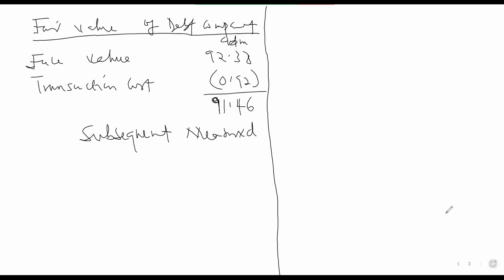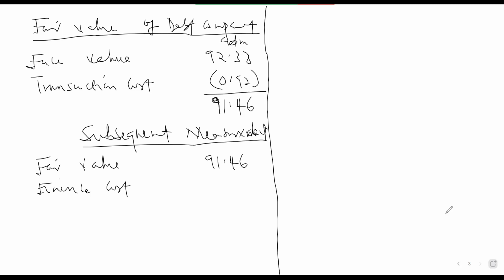For subsequent measurement, the debt component will be subjected to amortized cost. So we have the fair value of the debt, 91.46 million. Then we have the finance cost.